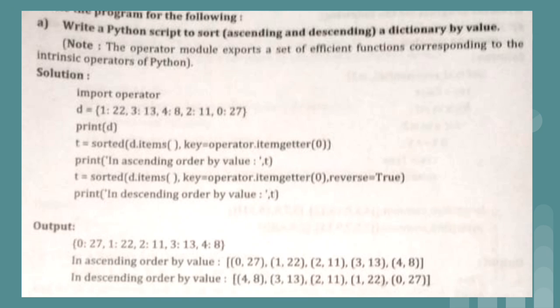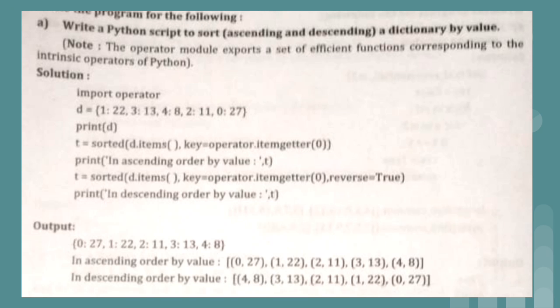You will see that our dictionary is sorted according to the key, that is 0, 1, 2, 3, 4. And I have already informed you, if you want to sort the dictionary according to the values, then don't provide the second parameter key equal to, only provide the d dot items method as a parameter to the sorted.